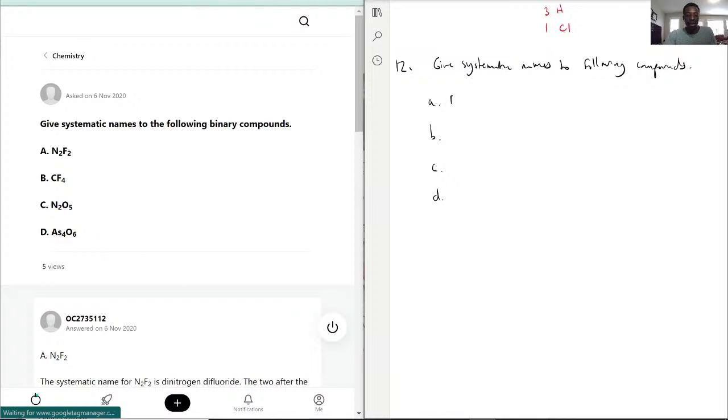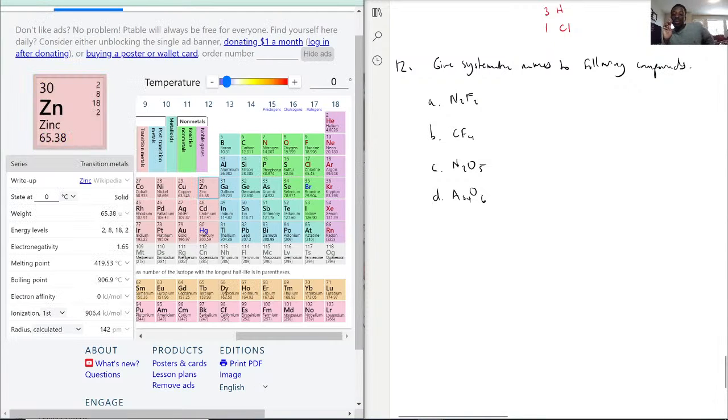We have N2F2, CF4, N2O5, and As4O6. The way we name these, first we have to recognize something. As we go through them, you notice that all of these are molecular compounds, because nitrogen and fluorine are both nonmetals.